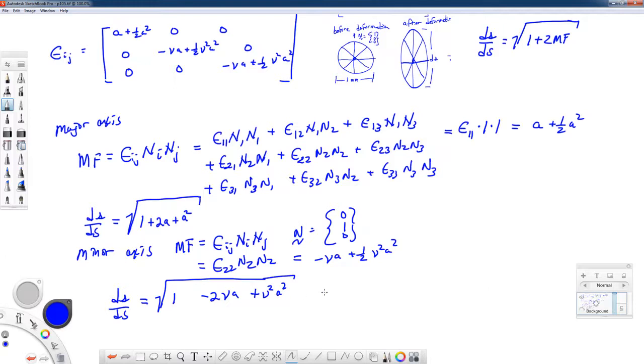And since the displacement field in the 3 direction is the same, then this will work for either minor axis. They're equal.